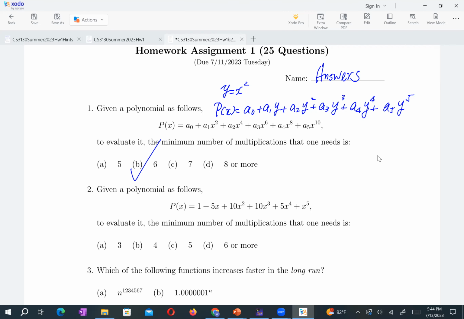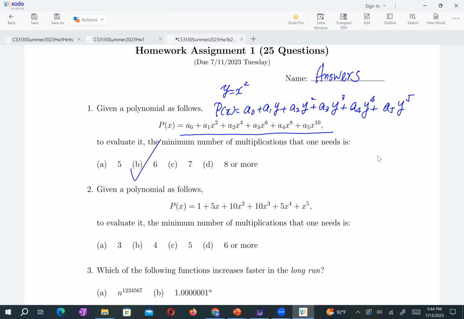After this variable substitution, we get a standard polynomial form. The original P of x version is not a standard form. It's a special form.